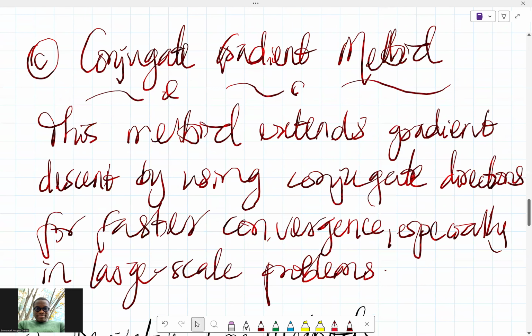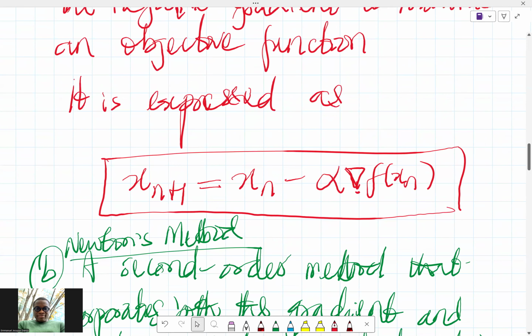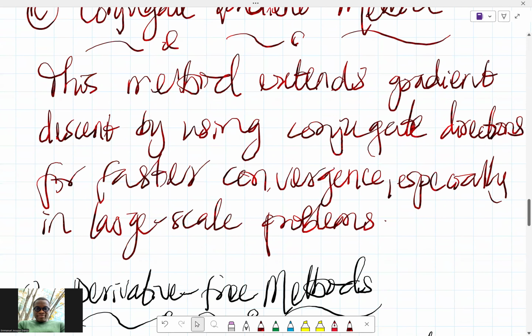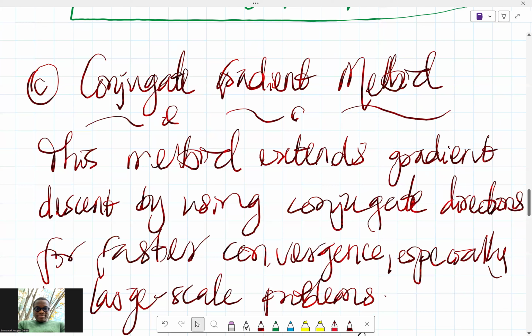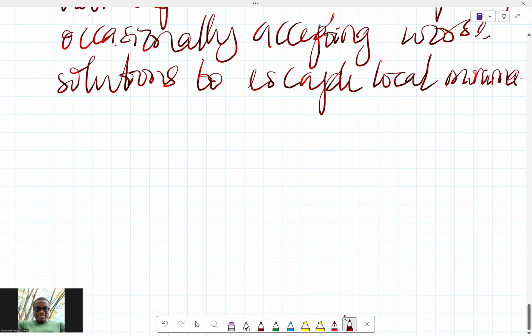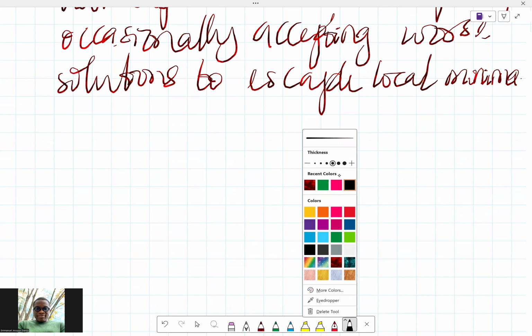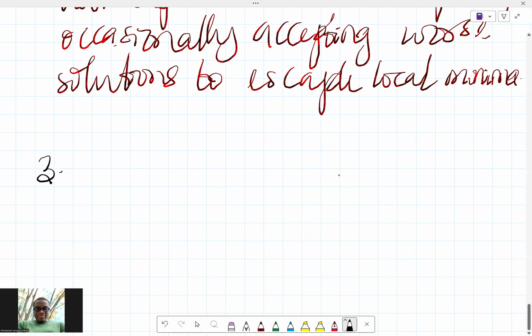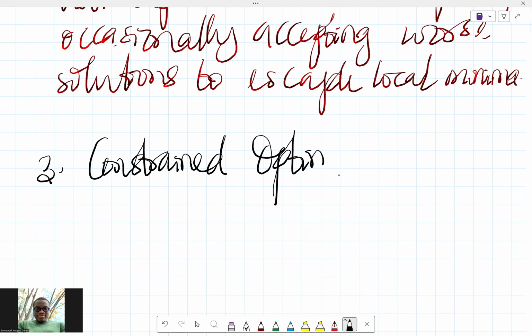So that's the second group. The first group is gradient-based. The second is derivative-free, which is more or less non-gradient based, if you like. And then we have a third group of problems we'll be considering under numerical optimization techniques, and that would be the constrained optimization methods.